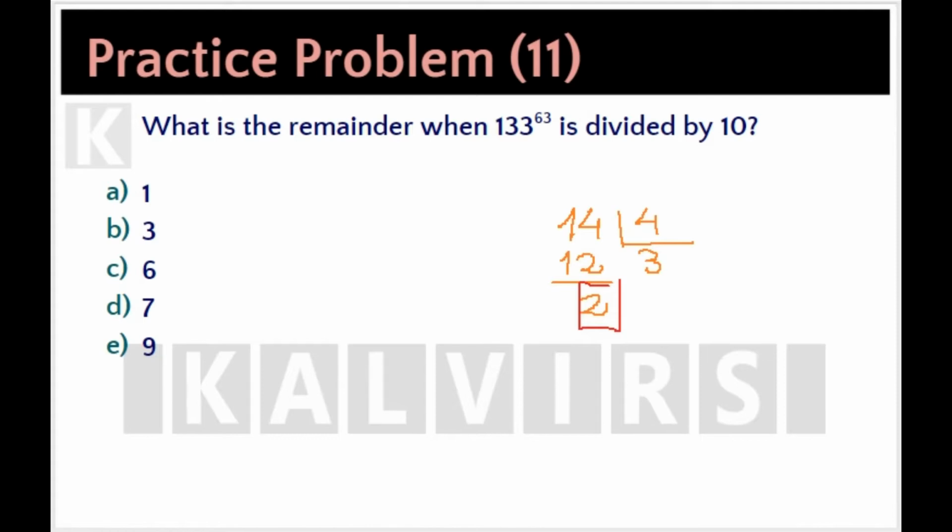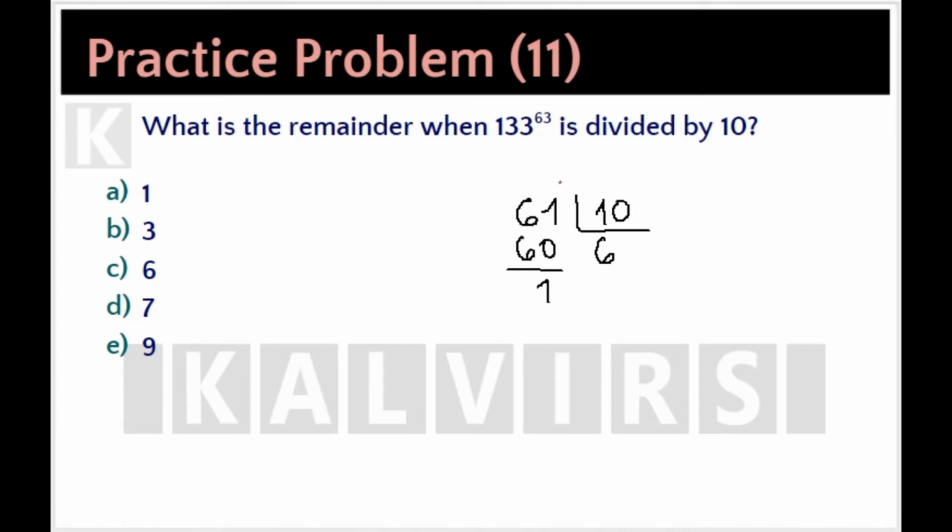The remainder is always the unit digit. So I'll pick, for instance, 61. 61 divided by 10 leaves a remainder of 1, the unit digit.